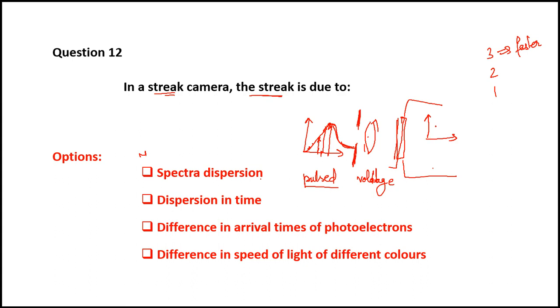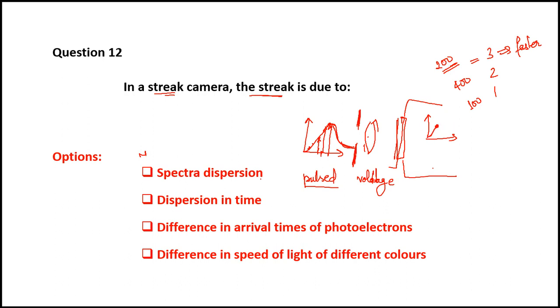Initially this will be the one which generates this many. Suppose 3 has an intensity count of 200, this is a count of 400, and this is a count of only 100. So if there are 200 photons, it will generate a relatable number of photoelectrons.